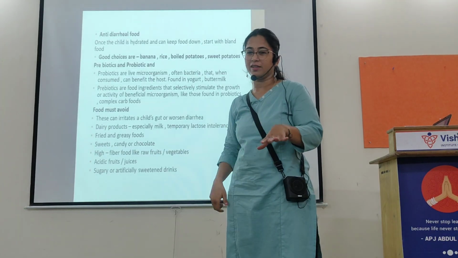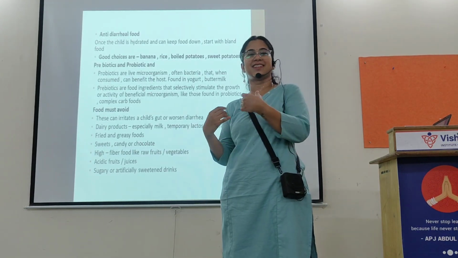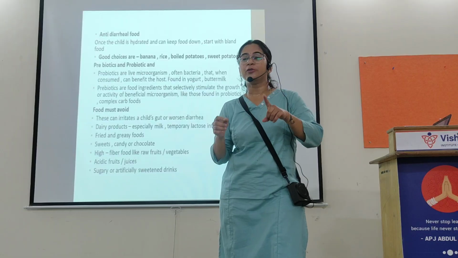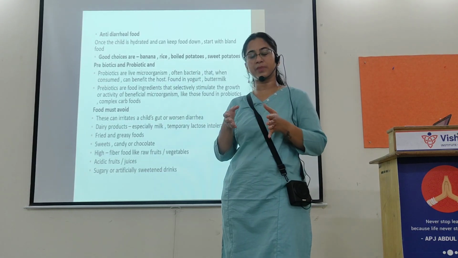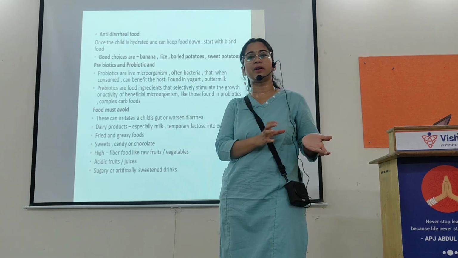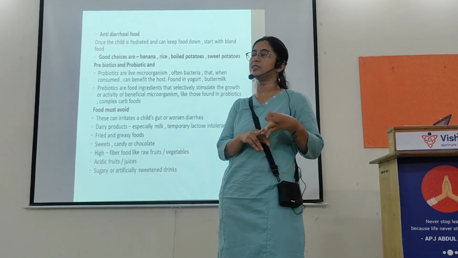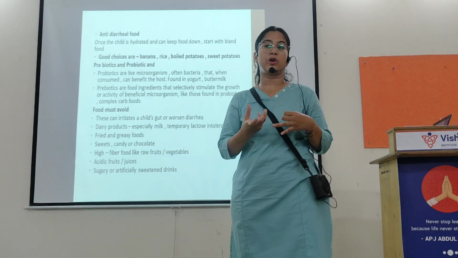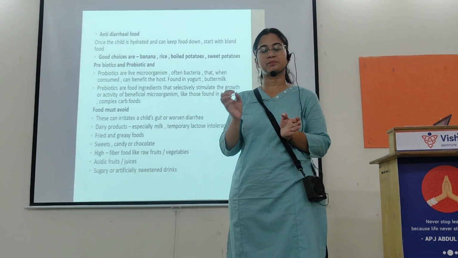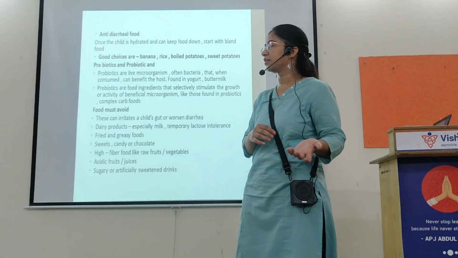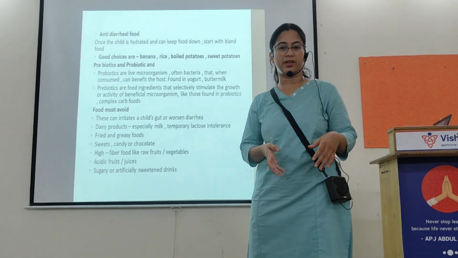This is not given in any book, this is the dietitian's experience. If you want to give buttermilk or yogurt in diarrhea, then 2 hours before that you have to give banana or rice or boiled sweet potatoes, so that the probiotics can easily get their energy from the prebiotics.